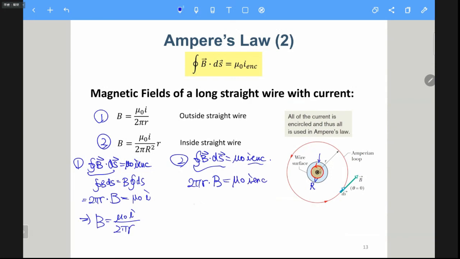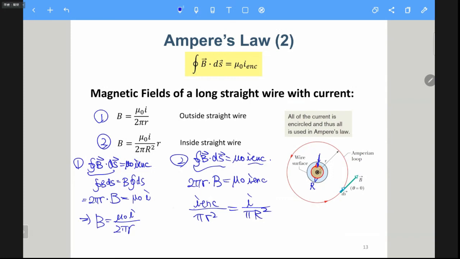I enclosed over pi r square, which is the cross section area of the inner part, will be the current density for the inner part, which is of course the same as the current density of the whole wire, which is I over pi capital R square.